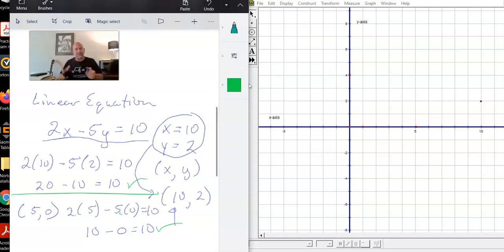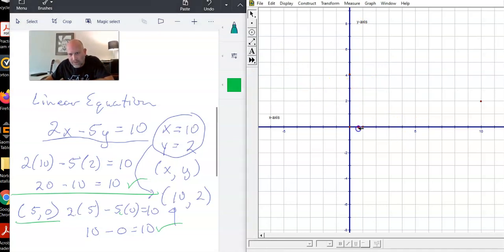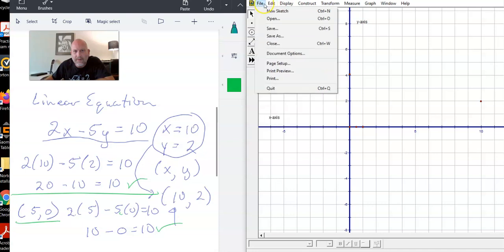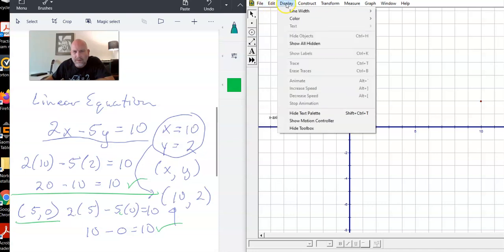Now watch what happens when I graph the second solution. Now it's the point 5, 0, which means the x value is 5 and the y value is 0. So let's look at what that actually means here. Show all hidden.